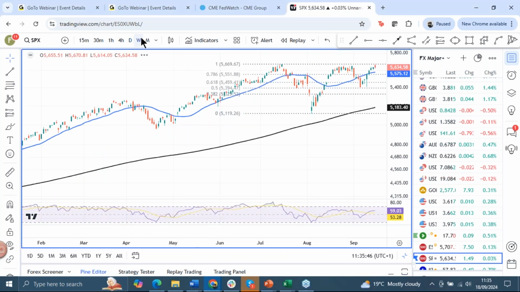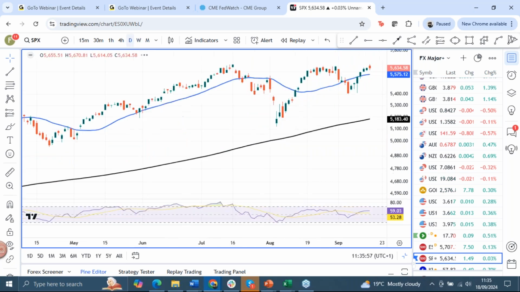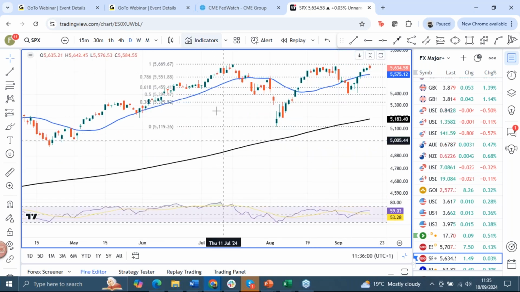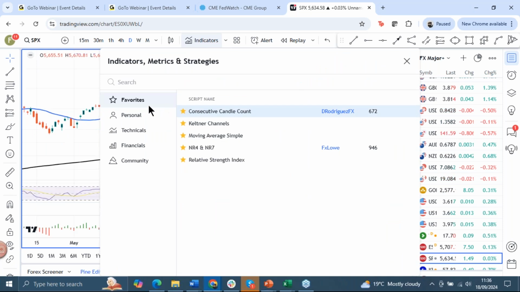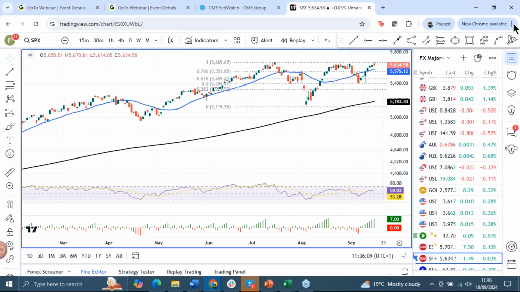If I just pull up the weekly chart, you can just see that big sell-off a couple of weeks ago, and then we've had the big bounce again, and really consecutive days of buying. If I just show you consecutive candle count here, we've had 7 days actually of consecutive buying. The S&P up over 4%, I think, and obviously printed an intraday high just in the session yesterday.